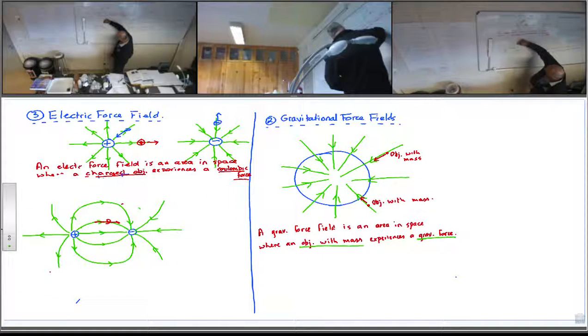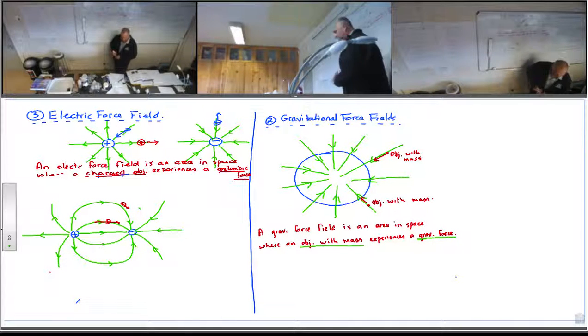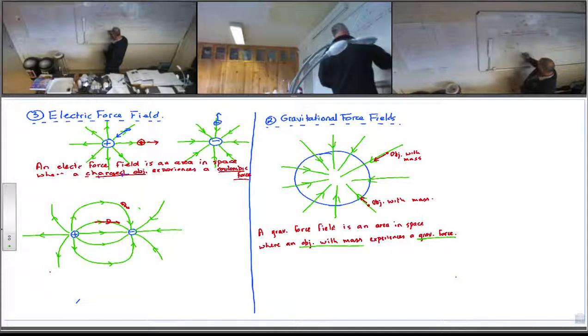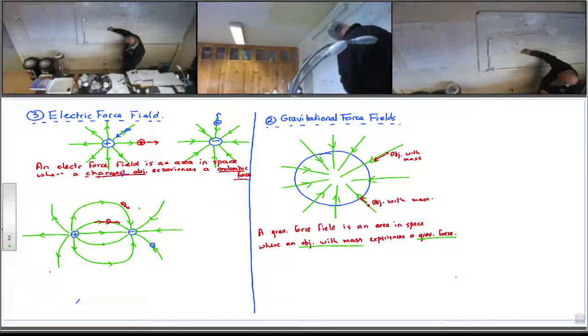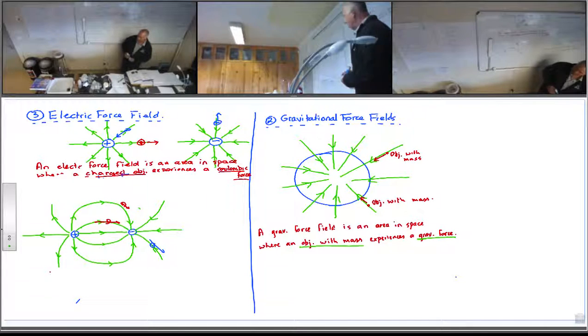If I had a negative particle and I put it there, that's the tangent to the line at that point. Do you agree? Obviously, as it moves, it follows the line around.